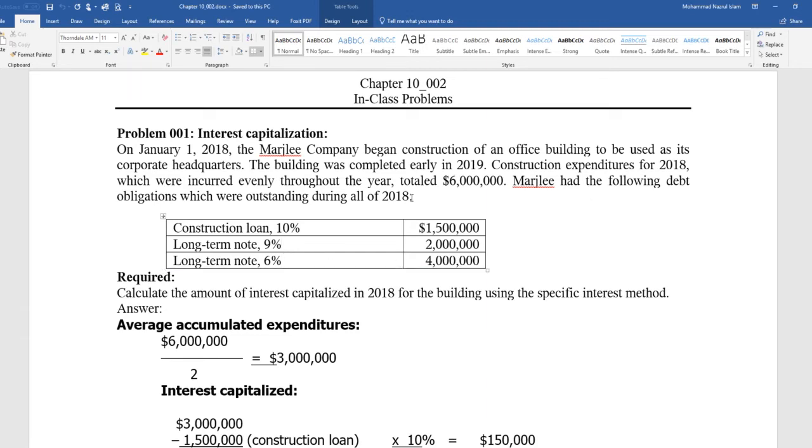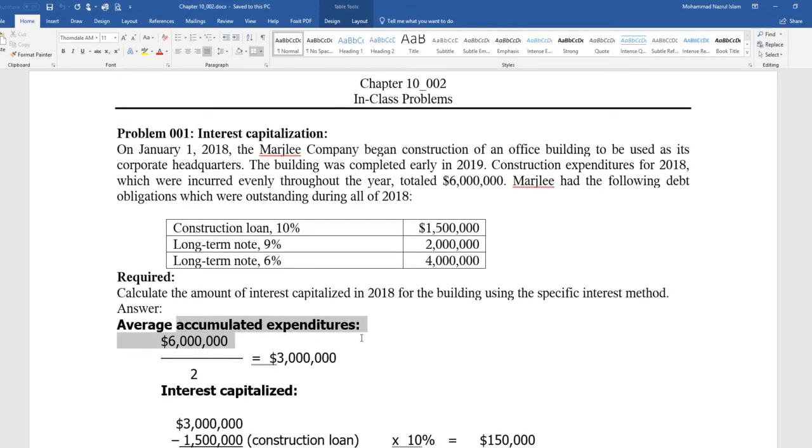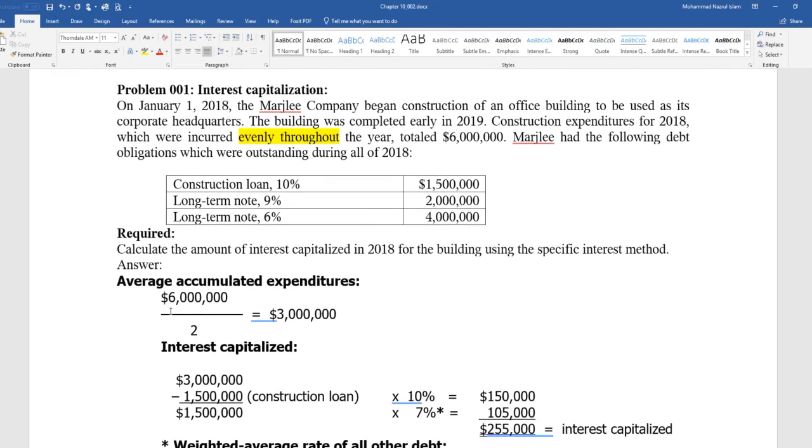In this case, we calculated the average accumulated expenditures. How did we do that? This amount was incurred evenly throughout the year. So 6 million divided by 2 is 3 million for 1 year.